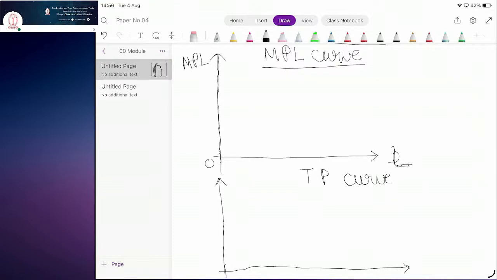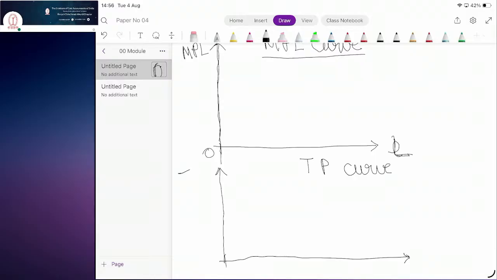This is the 0. And in the second graph I'm going to plot total product on the y-axis, this is the 0, and along the x-axis I'm going to mark the labor input.